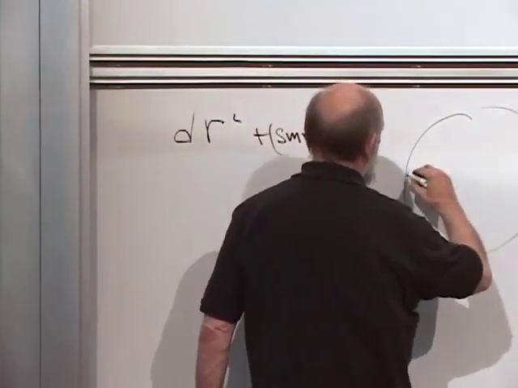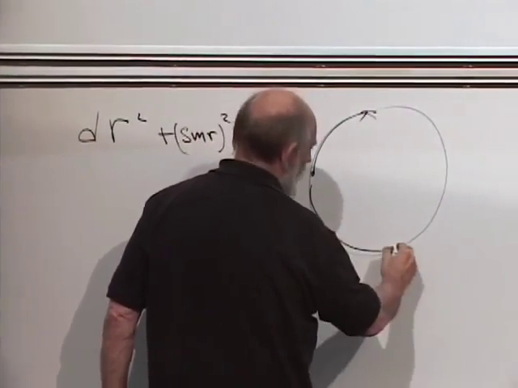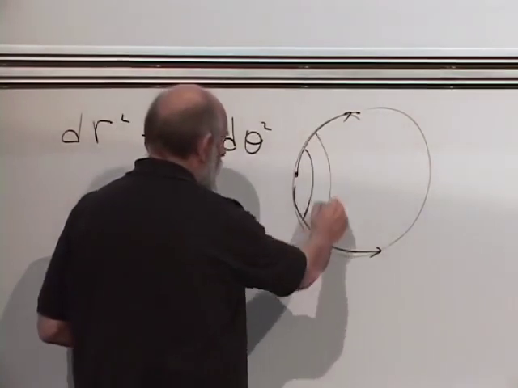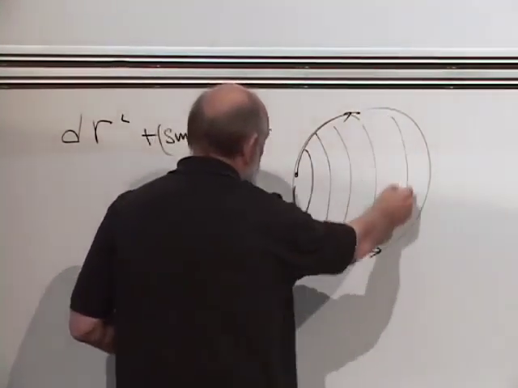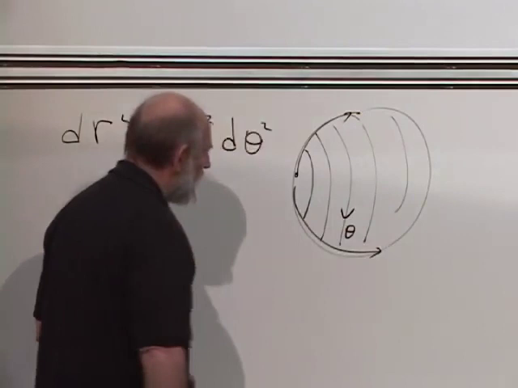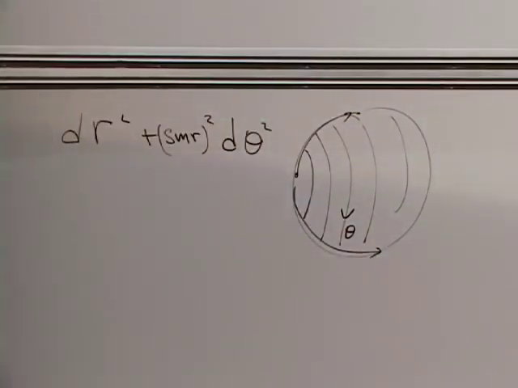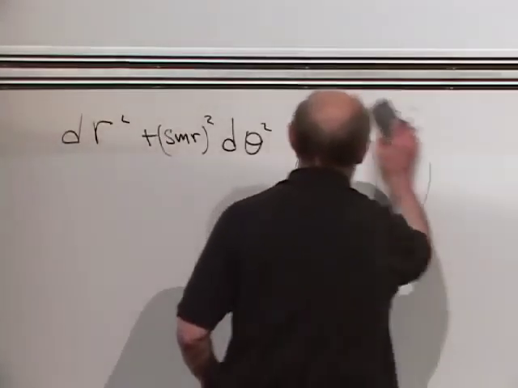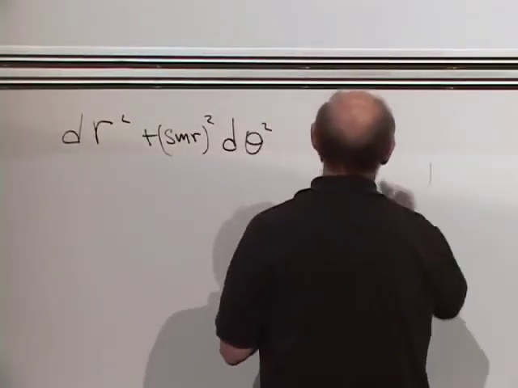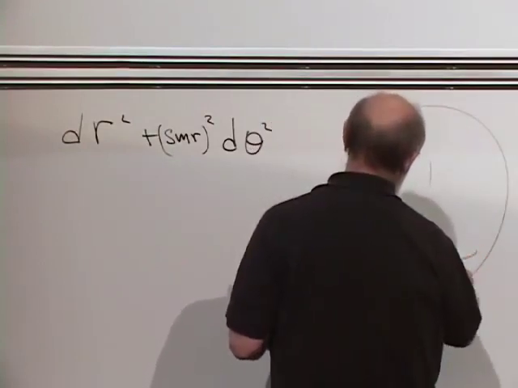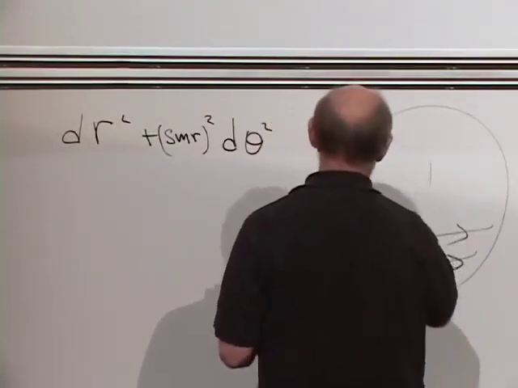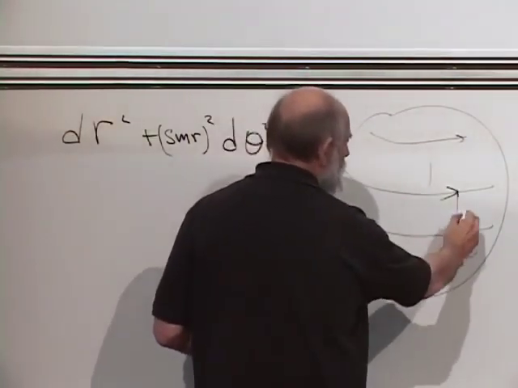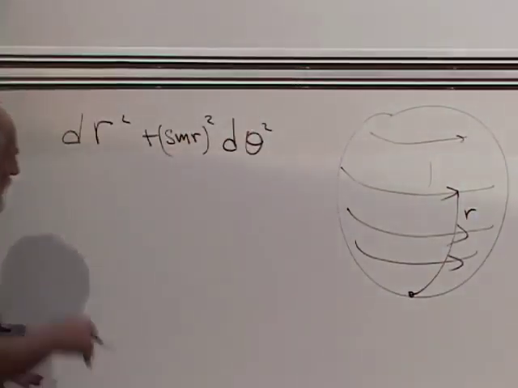Let's think of r as now like the polar angle. Theta goes around this way, and r is just replacing what I called phi before.